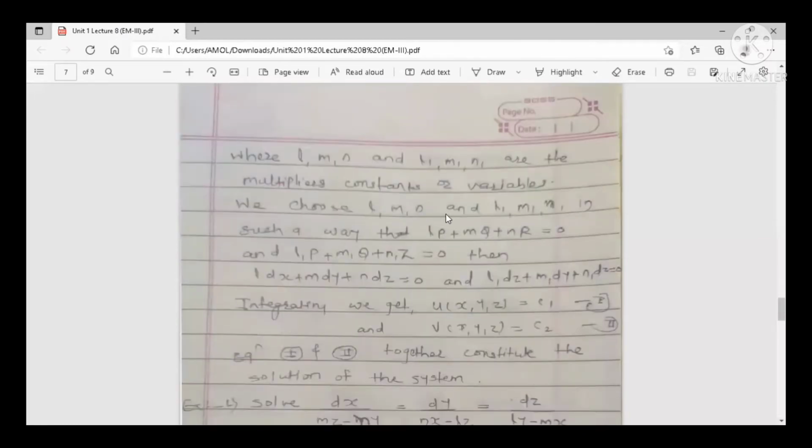We choose l, m, n and l1, m1, n1 in such a way that lp plus mq plus nr is 0 and l1p plus m1q plus n1r is equal to 0.